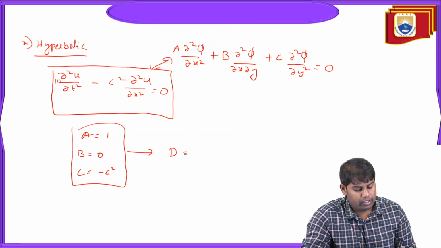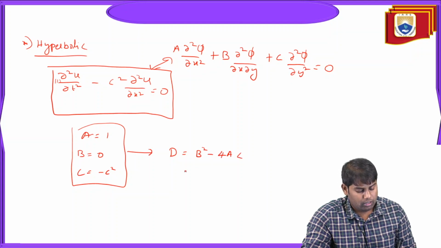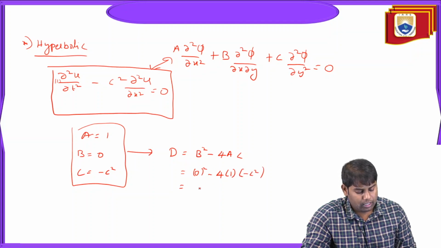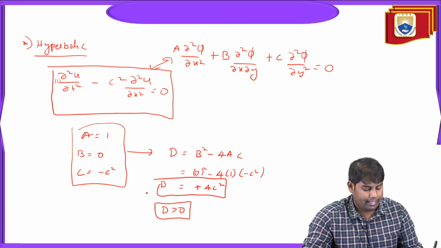D, which is B² minus 4AC, where B is 0, so 0² minus 4 into 1, and C is nothing but minus c², which comes out as plus 4c². So D has become greater than 0. So this is the case of a hyperbolic equation.